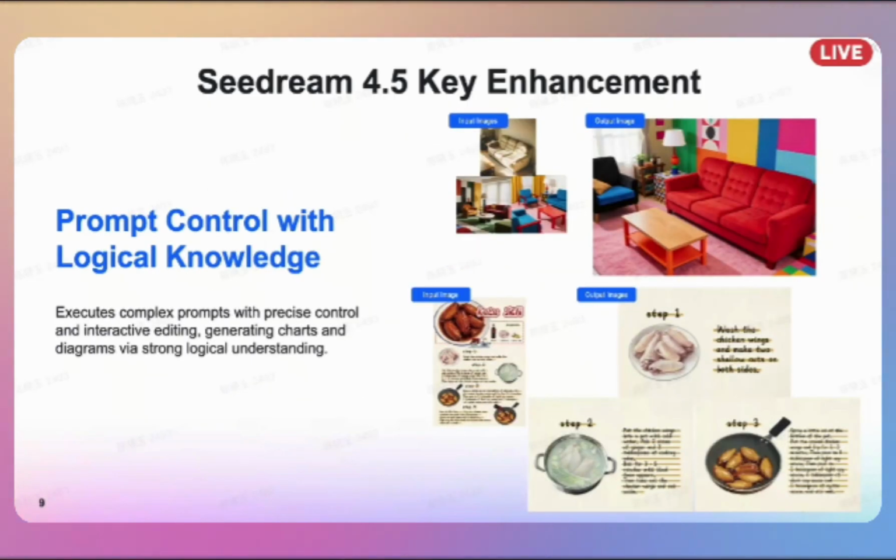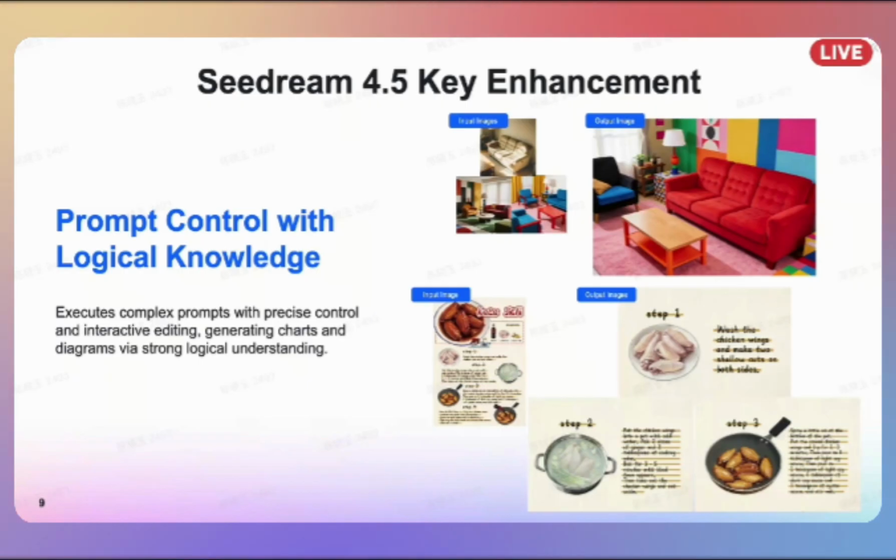Yeah, and here are more examples about the prompt controls and the logical knowledge. So for example, you can ask the model to come up with recipes, and you don't have to give too much information because it's backed up with some knowledge, and that is also making this model more powerful.